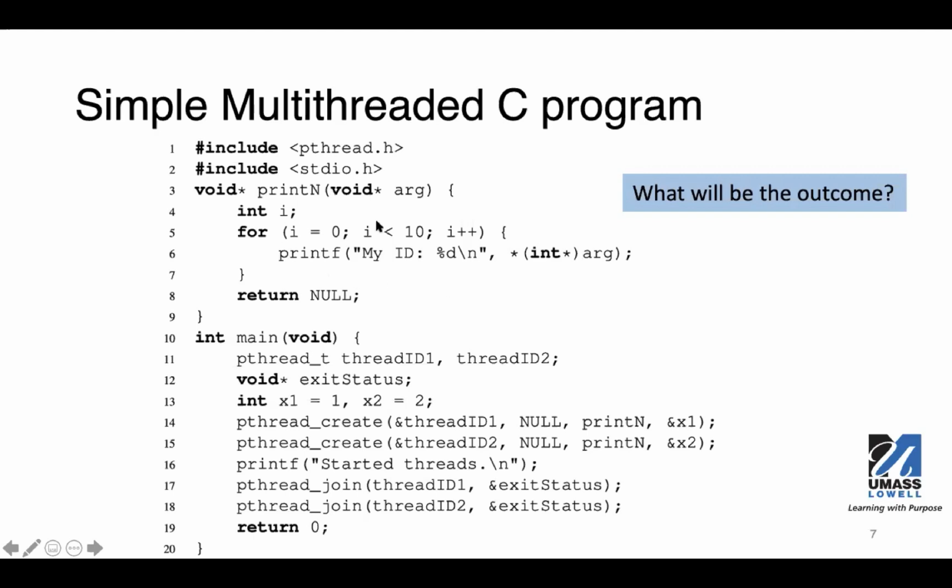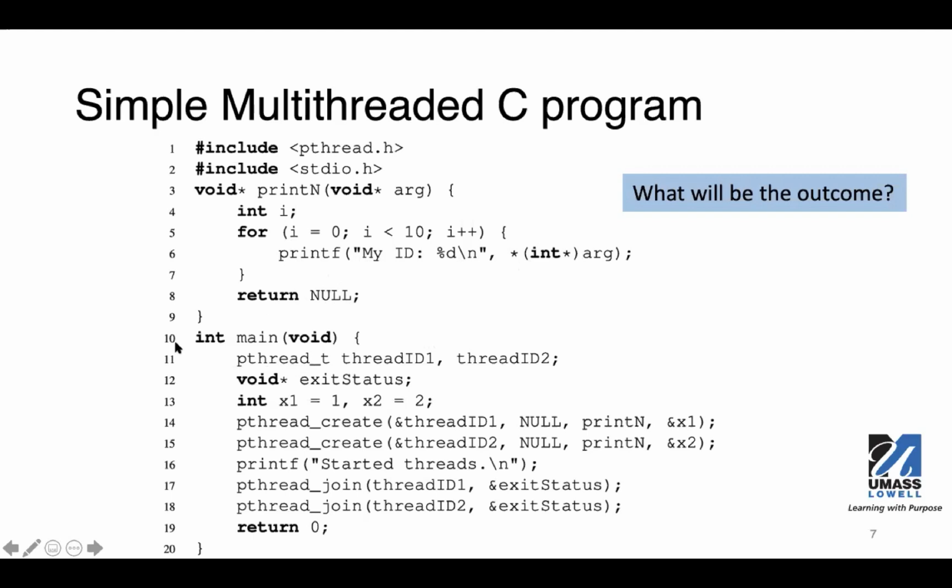So if you just look at this print n function, you can say I'm going to print a message saying my ID is this number, and I'm going to print this 10 times. Quite simple. And once that's done, I'm going to return null. So this function completes.